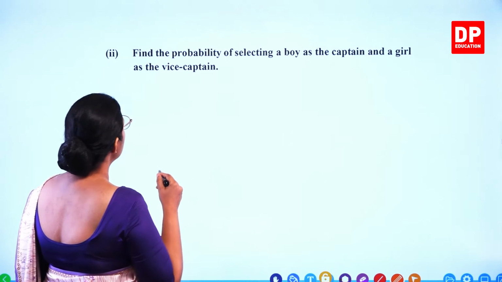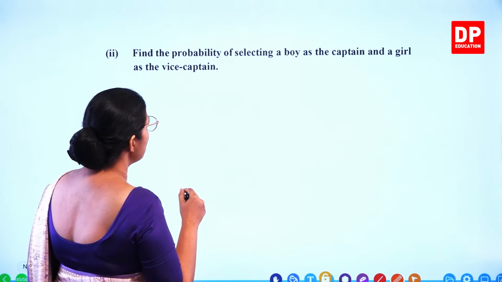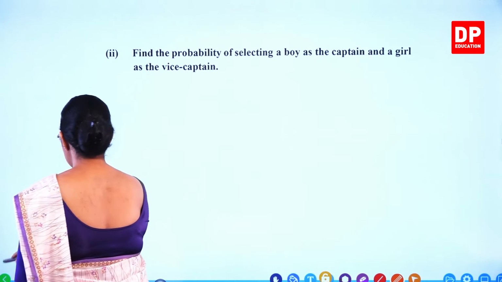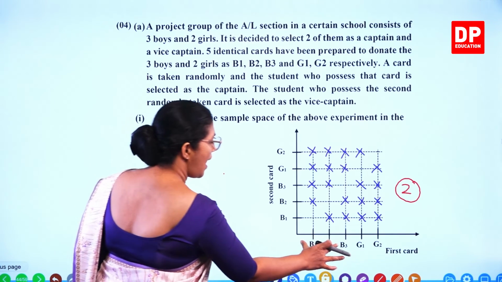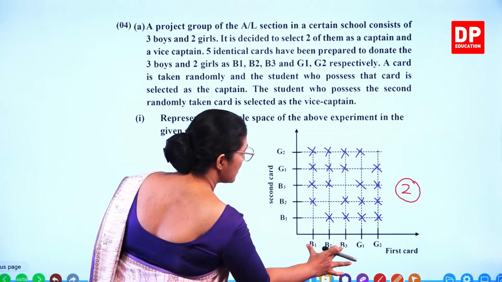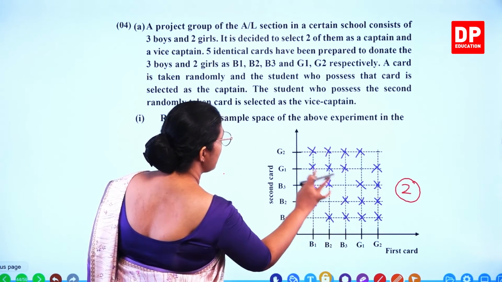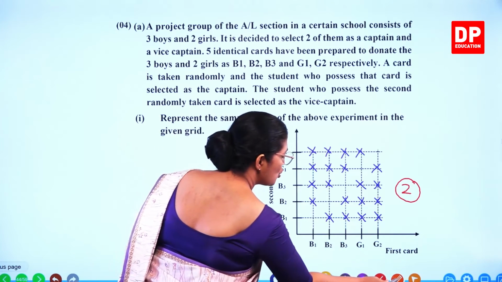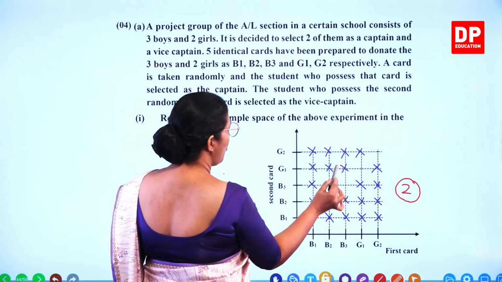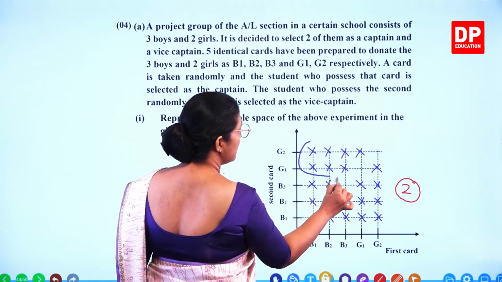Find the probability of selecting a boy as the captain and a girl as the vice captain. So let's see. Boy as a captain, that means the first card. And selecting the second one, girl. So which region is suitable? Boys and girls here.